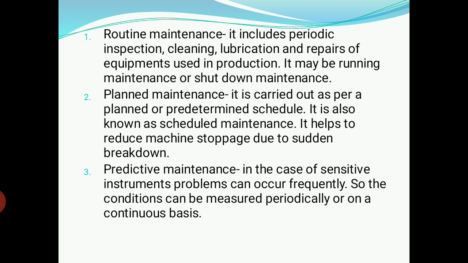It may be done in two ways. It may be taken up as running maintenance, that means while the operating system is on, or while the operations in the production area are on, the maintenance can be taken up, or there can be a total shutdown someday, and then the maintenance or wear and tear of the unit or the facilities is done.